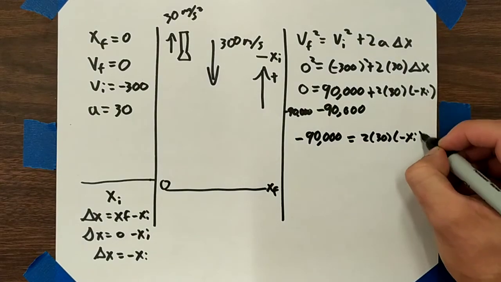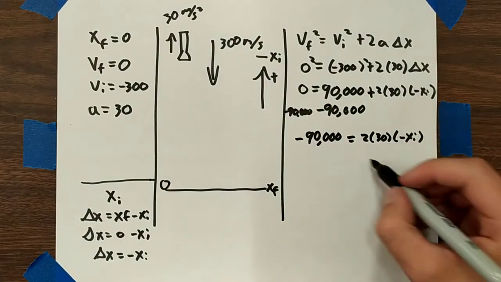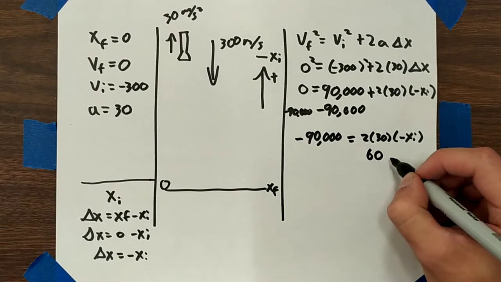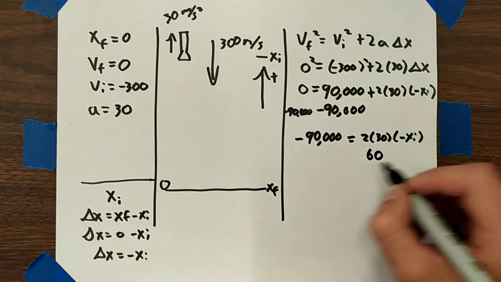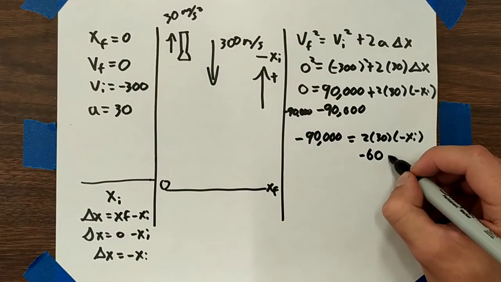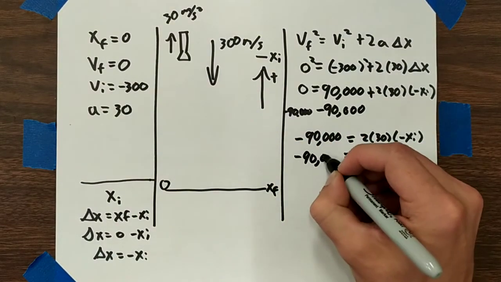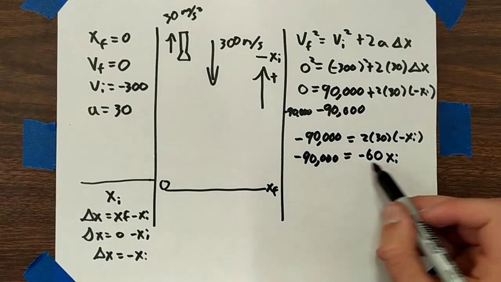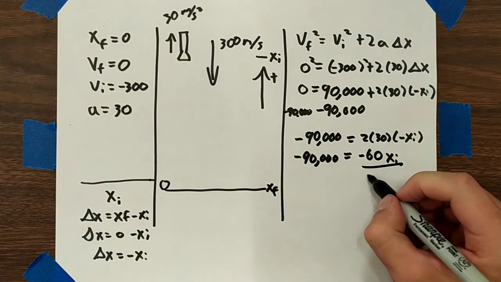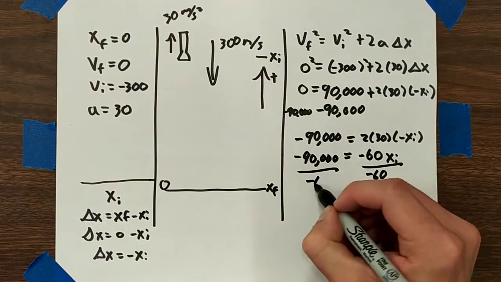All right, 2 times 30 is just the same as 60, so I can rewrite that as 60 negative xi. If we say negative 60 xi, that's valid as well. So we get negative 90,000 is equal to negative 60 xi. Then to get xi by itself, I just divide by negative 60 on both sides.